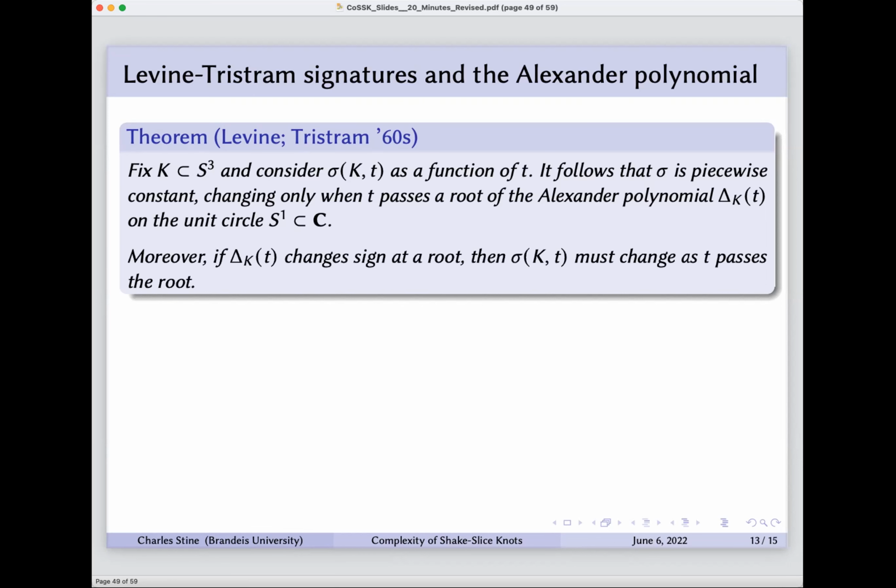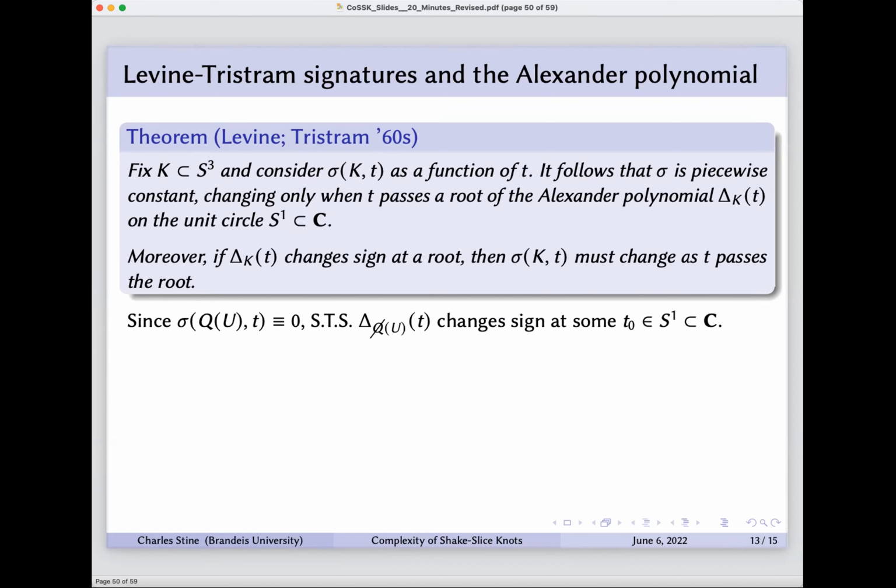Moreover, if the Alexander polynomial changes sign at a root, then it follows that the signature has to change as well. And so, in fact, what we're going to do is work with the Alexander polynomial of our pattern, our knot Q' applied to the unknot.